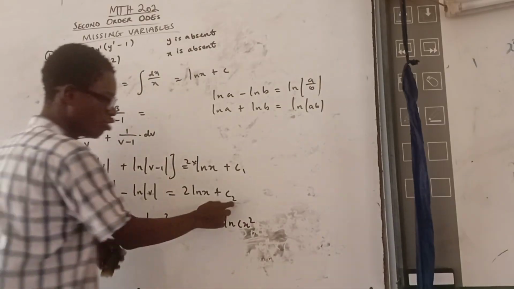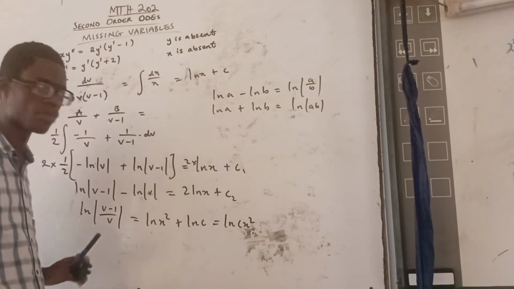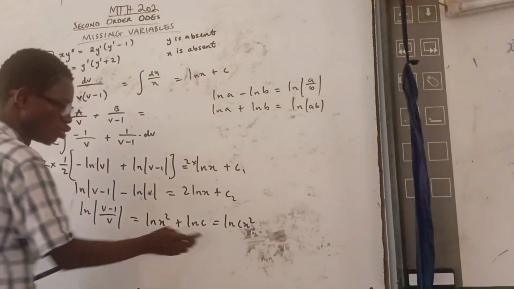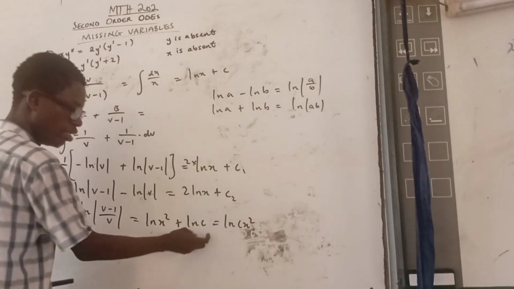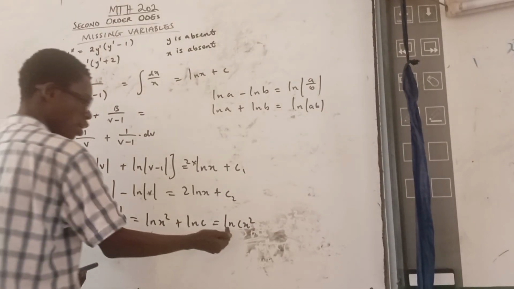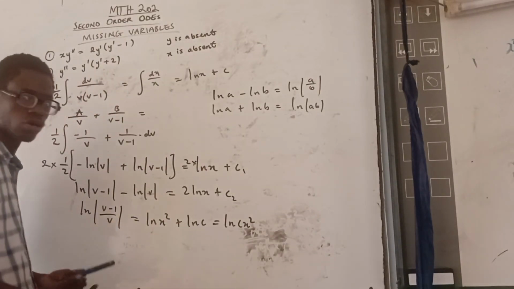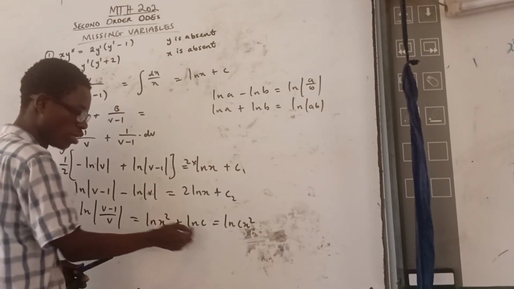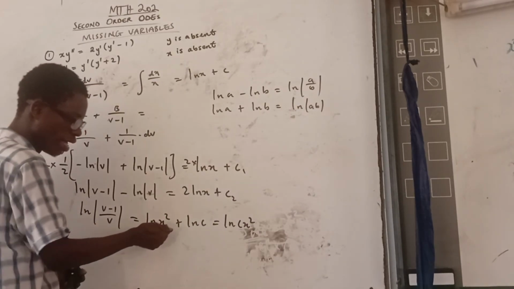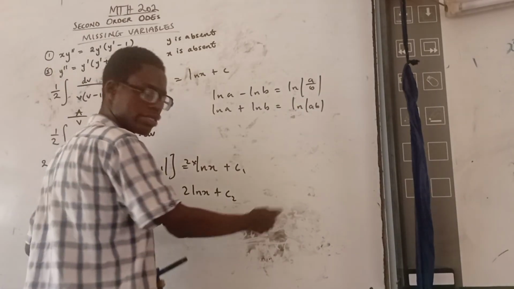Don't forget, this is just an arbitrary constant, so I can write it in the form of ln c. Ln c is also a constant. Addition of two logarithms ln x squared plus ln c gives ln (x squared times c), which is cx squared.